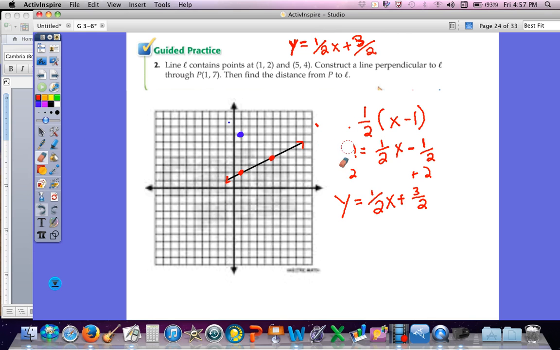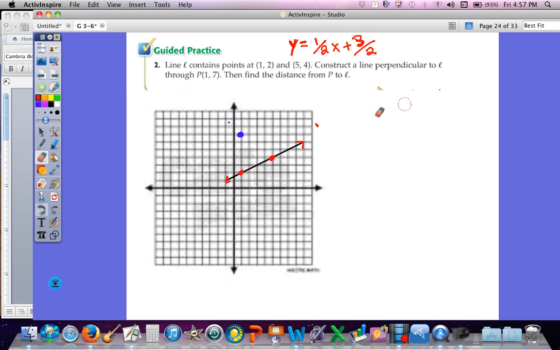Now I need to come up with an equation for my blue dot that's going to become a line through that point, and it's going to be perpendicular to this. So when I'm talking about lines that are perpendicular, I need the negative reciprocal for the slope. So if 1/2 is the slope of this, the reciprocal of 1/2 is 2/1, and the negative reciprocal is negative 2. I'm using point 1, 7, so y minus 7 equals negative 2 times x minus 1.